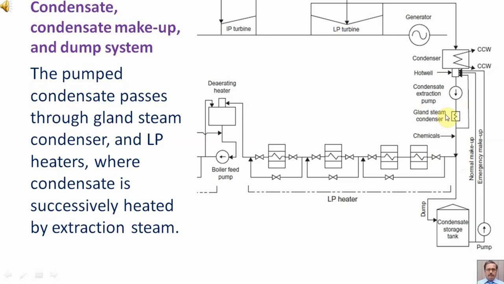The pumped condensate passes through the gland steam condenser and LP heaters, where condensate is successively heated by extraction steam.